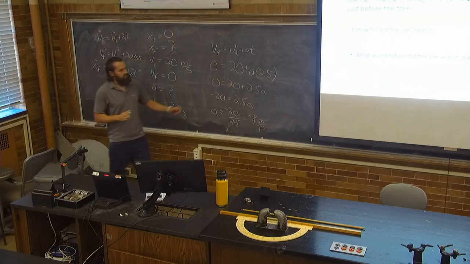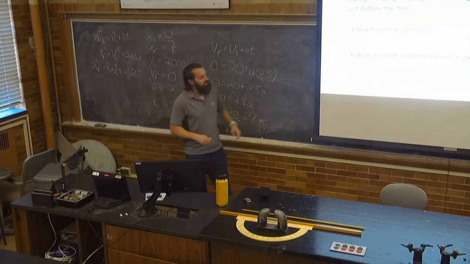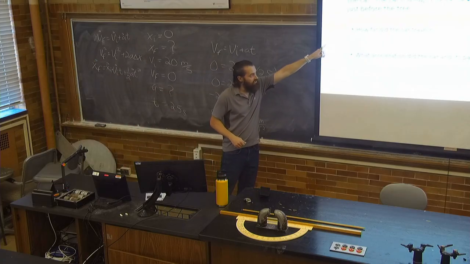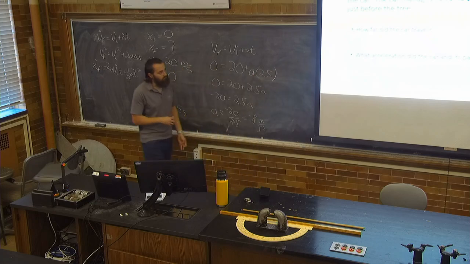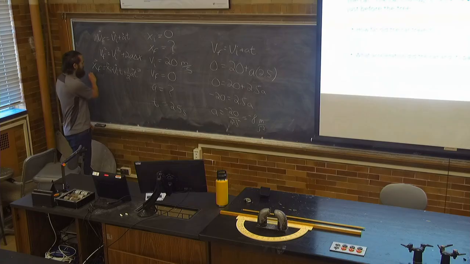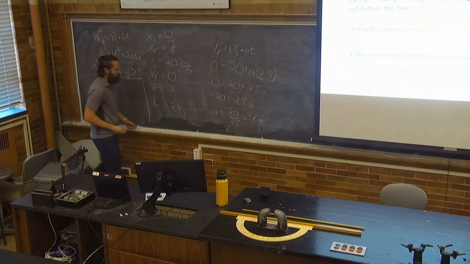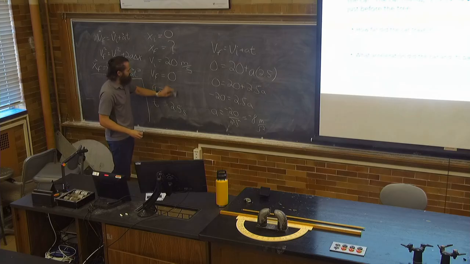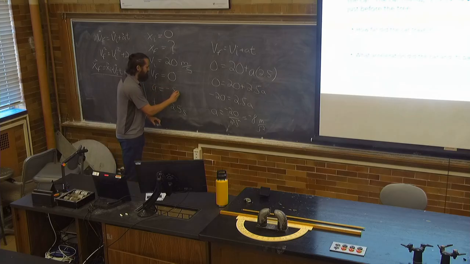Okay. So that's how we find the acceleration. Then we want to find how far the car traveled as it was trying to make this stop. So we fill in our table the acceleration, negative 8 meters per second squared.